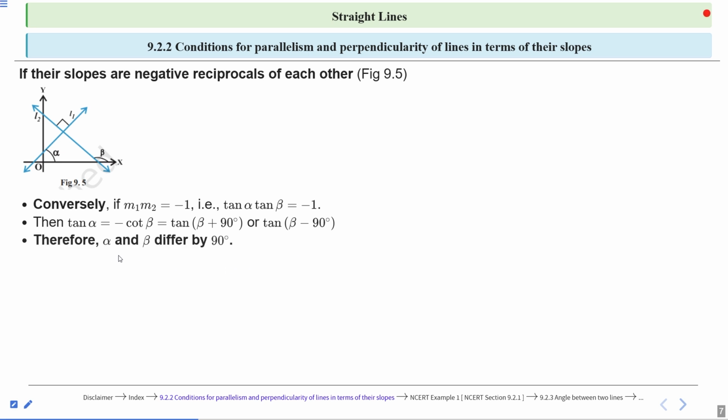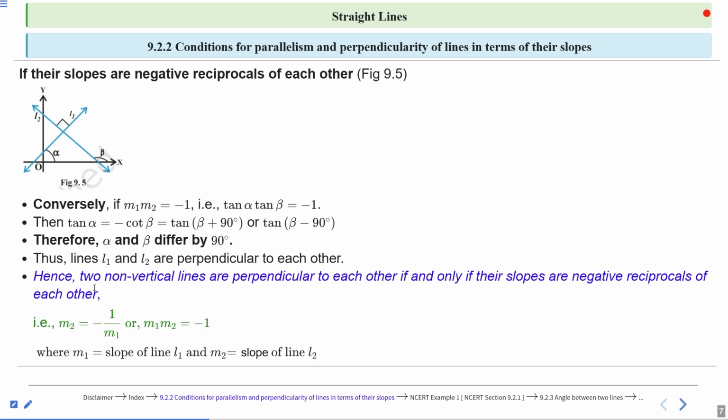Therefore alpha and beta differ by 90 degrees. Thus lines L1 and L2 are perpendicular to each other.